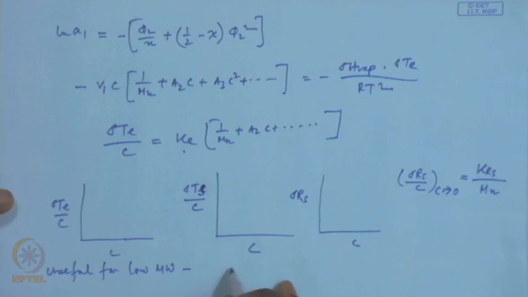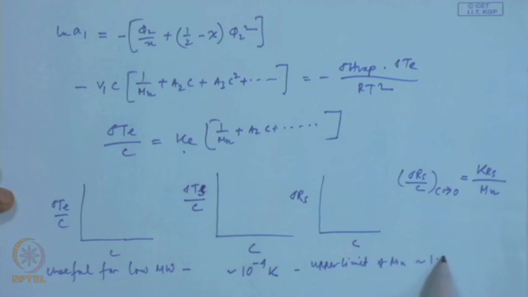Typically, we can measure a temperature difference between the two thermistors as low as 10 to the power minus 4 Kelvin, which translates to an upper limit of the molecular weight Mn of approximately the order of 10 to the power 4 gram per mole.